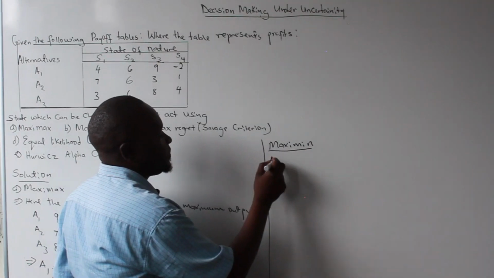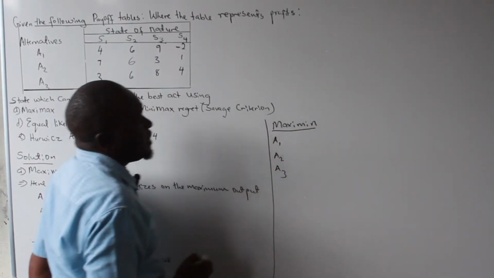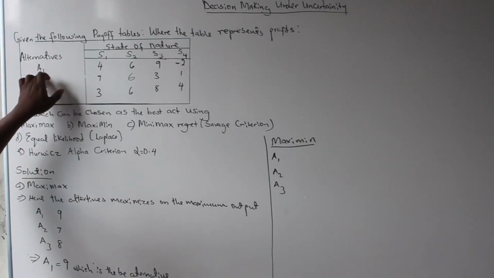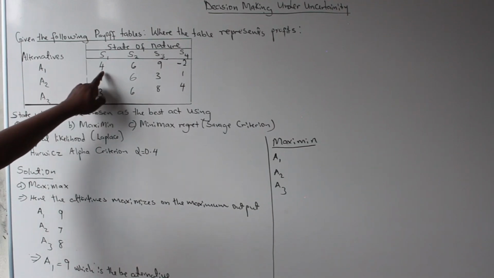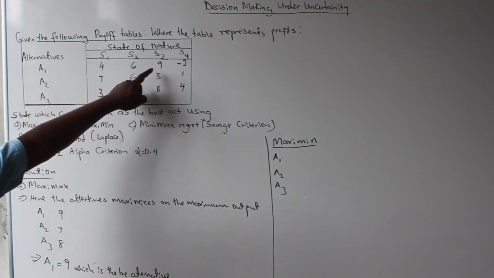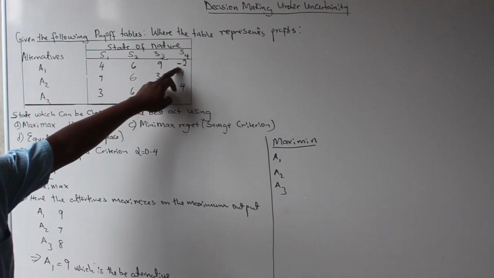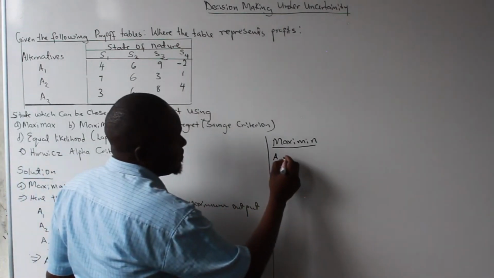You have A1, A2, A3. Now, the procedure continues. You go to alternative A1 under these states of nature. The payoffs are 4, 6, 9, and finally under S4 we have -2. Which is the least there? The minimum value is -2.